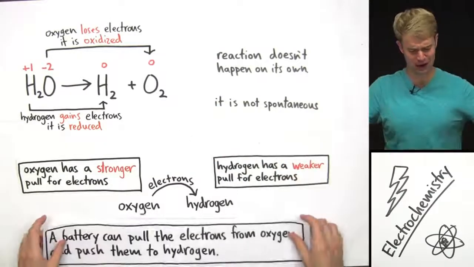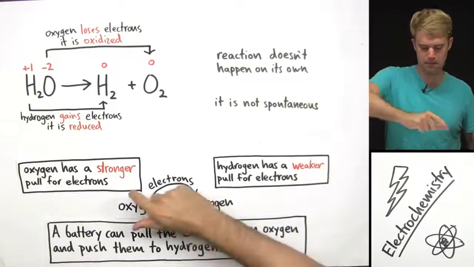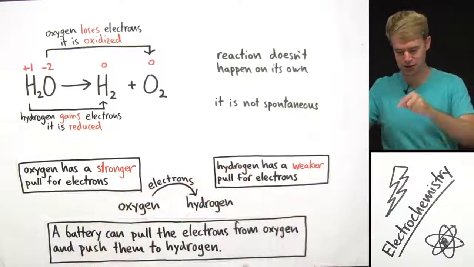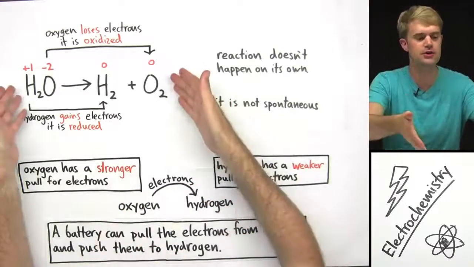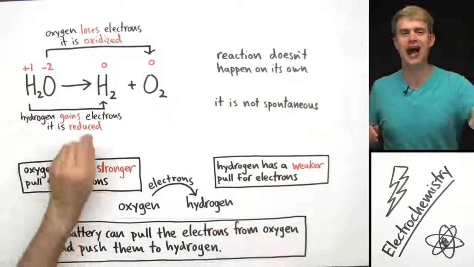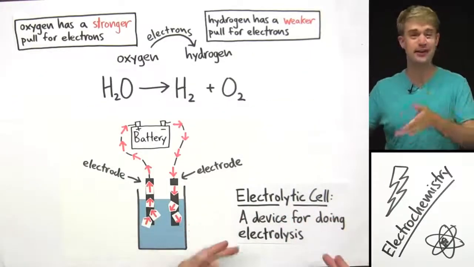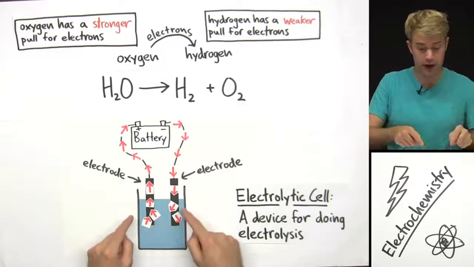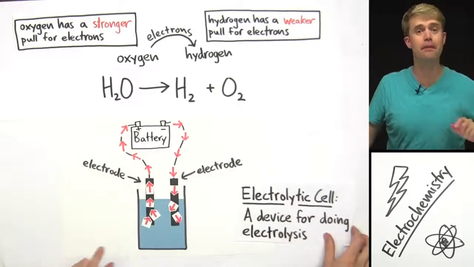And it turns out that the electrical energy from a battery can pull the electrons from oxygen and push them to hydrogen. It can force this reaction to happen. Here's how. We can make this process happen by using an electrolytic cell. This is some water here that we want to break down. We've got these electrodes, and the electrodes are connected to a battery.